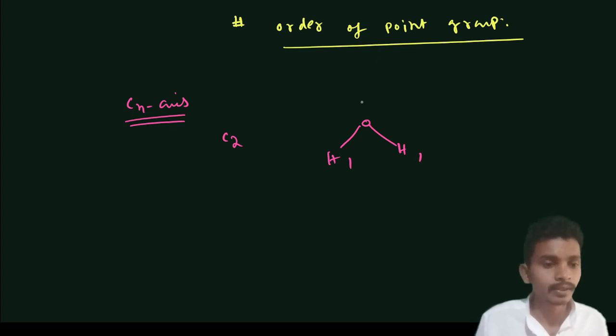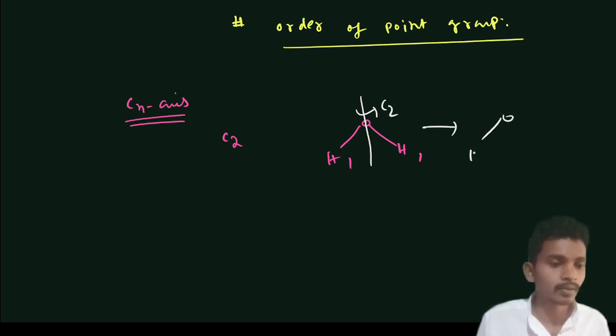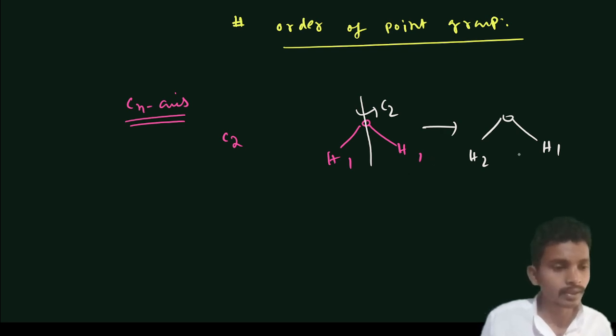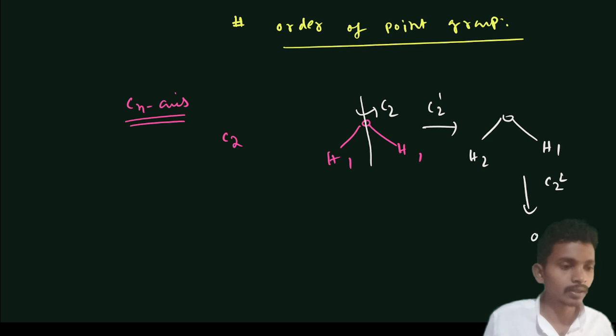If I apply C2 here, what is it? H1 and this are identical. Now again if I apply C2, this is C2 1 and again apply C2 2, then what will we get?